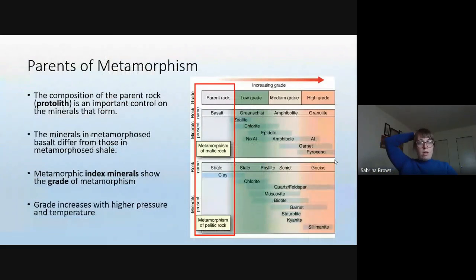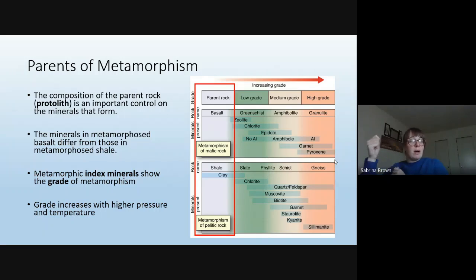All right, so texture: whether a rock is foliated or non-foliated is important for determining the type of metamorphic rock that it is. And the other thing that's important to understand is what the protolith, or the parent rock, of the metamorphic rock is or might be to help identify it.